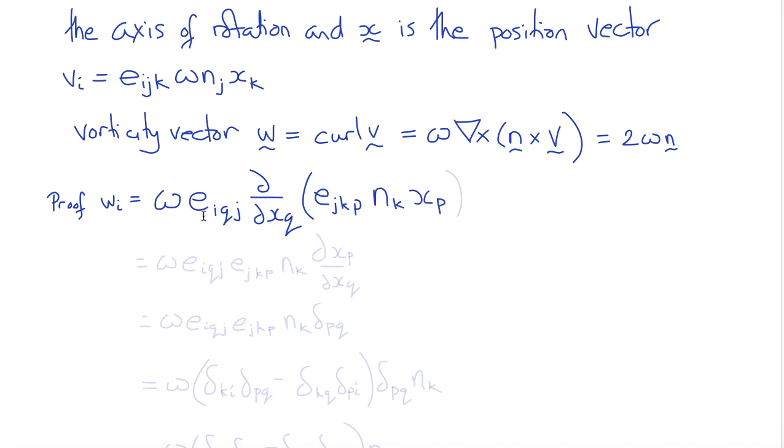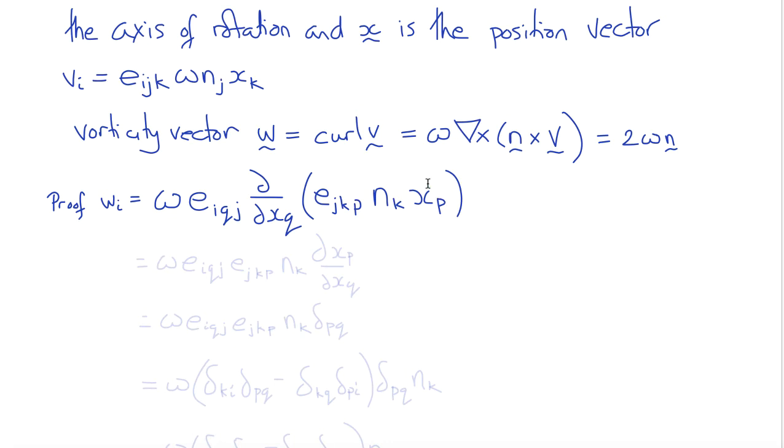Now you might want to stop and take a look at that for a moment to make sure that we've used the permutation symbol correctly. But generally when we take the cross product of two vectors, the index of the first vector will be the second index of the permutation symbol, the index of the second vector will be the third index of the permutation symbol, and then the first index will be the component of the new vector that this product is a result of.